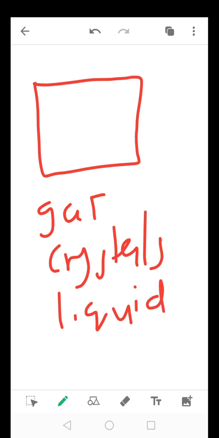But the main reason why you can identify each of the three parameters is that the three are in a solution. You can pick each of these parameters, that is to say gas, crystals, and liquid. The three are in a solution.